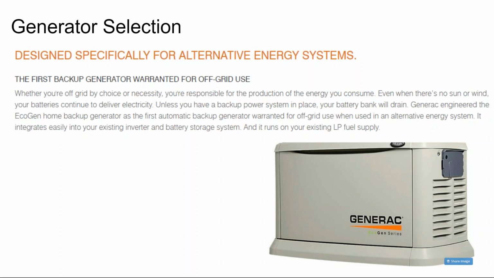Well, the problem is, what if I just want to charge my batteries and I don't really have a load from the home? I just want to force power from the generator into the batteries. A generator that is very load sensitive may not want to throttle up to overcharge the batteries during a maintenance cycle.